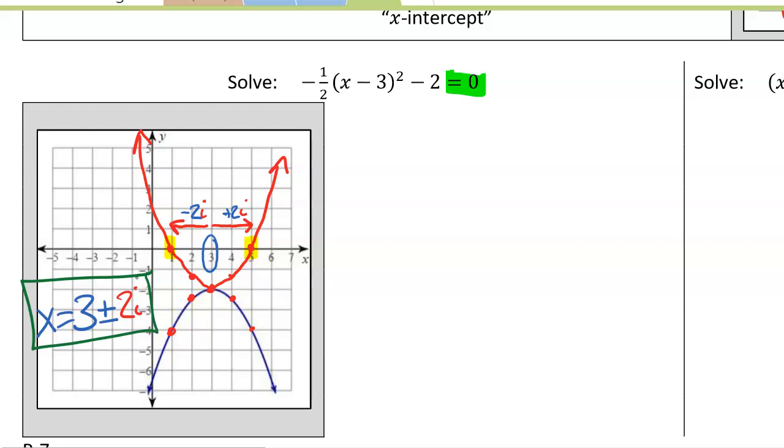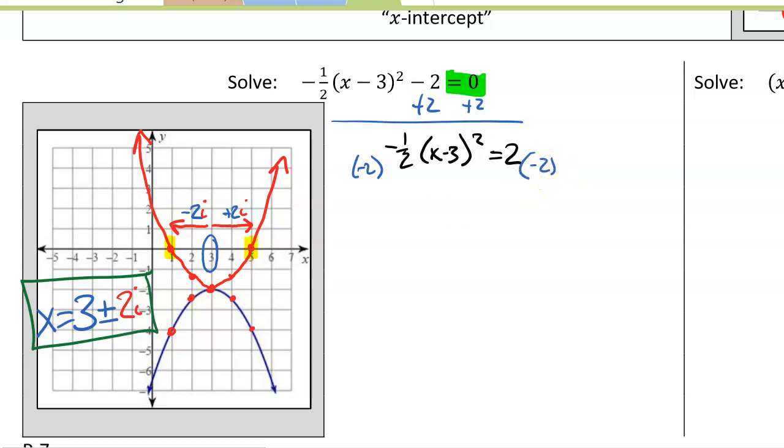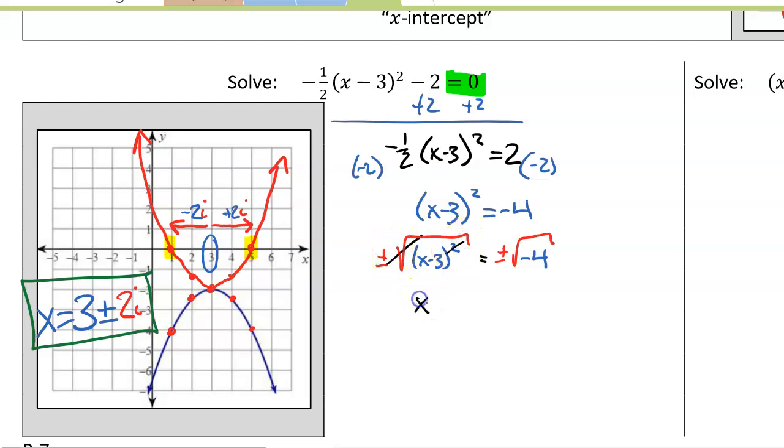Well, let's actually go ahead and do the algebra and check this out. This is vertex form. We're going to start by isolating: add 2 to both sides. We're then going to multiply both sides by negative 2, giving us (x minus 3) squared is equal to negative 4. We can now take the plus or minus square root of both sides. The plus or minus square root undoes the squaring on this side. x minus 3 is equal to plus or minus the square root of negative 4.